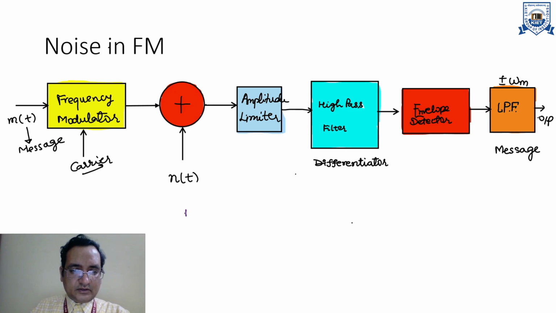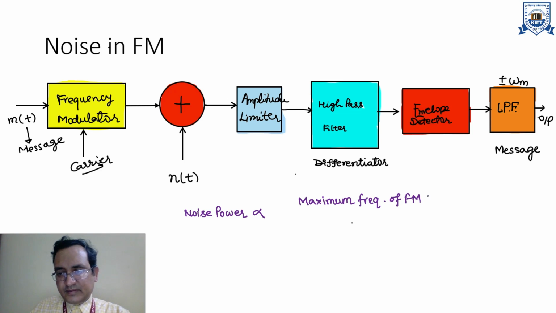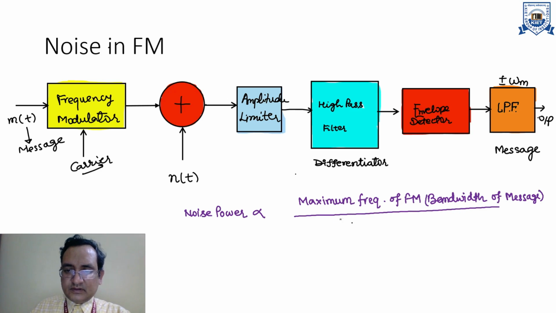So finally we can conclude that the noise power is proportional to the maximum frequency of FM, its bandwidth, you can say of the message, whole divided by the carrier power.